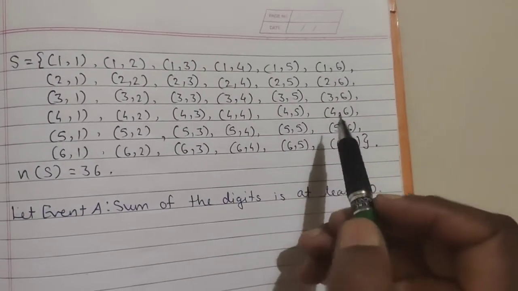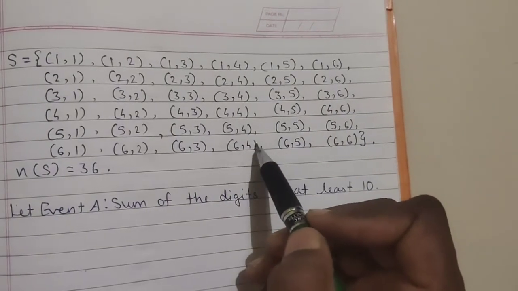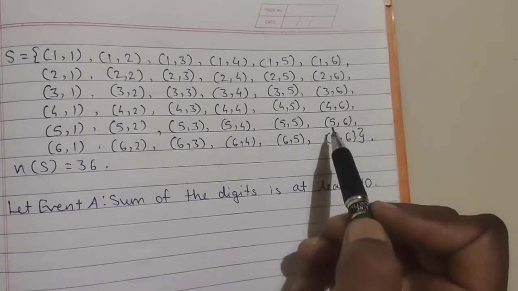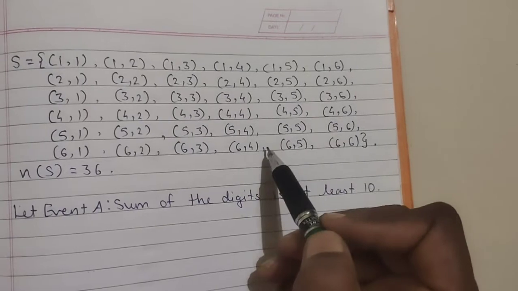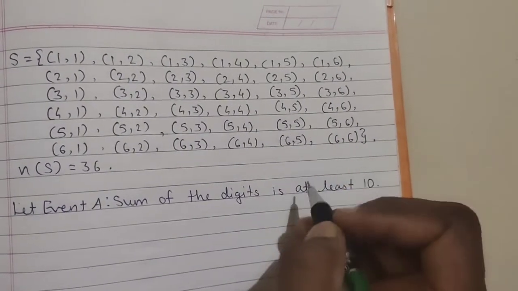Now see here, 4 6 is 10, 5 5 is 10, 6 4 is 10. So these are the three possibilities where you will get 10. Here you will get 11 and here you will get 12. So these 6 only will come because others are less than 10 and we don't want that.